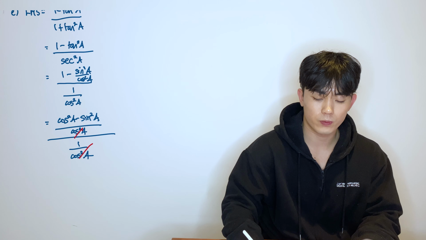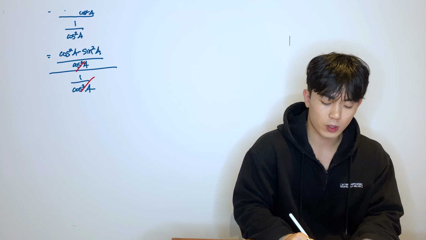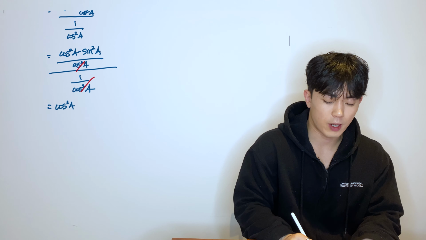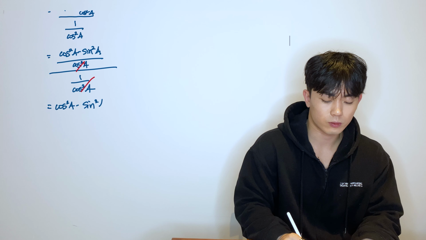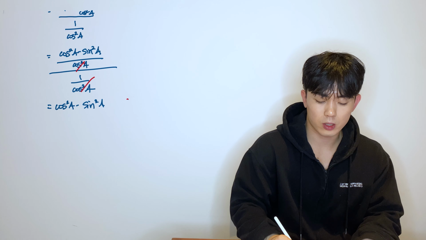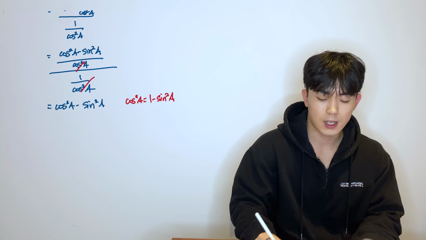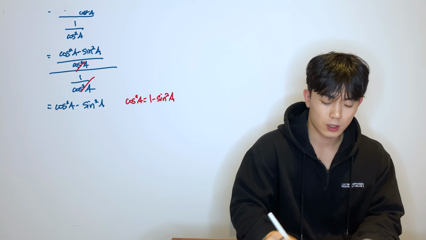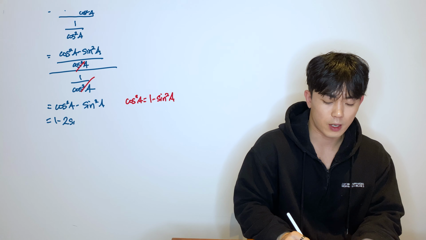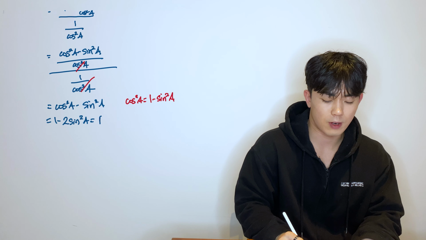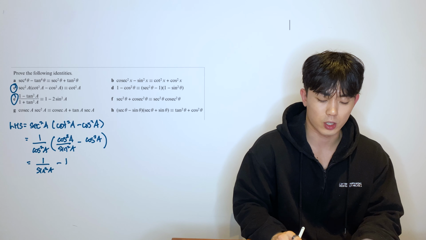So we'll be left with cos squared A minus sine squared A. We know that cos squared A is equal to 1 minus sine squared A. That's how we get 1 minus 2 sine squared A, which is equal to the right-hand side that they wanted us to show here.